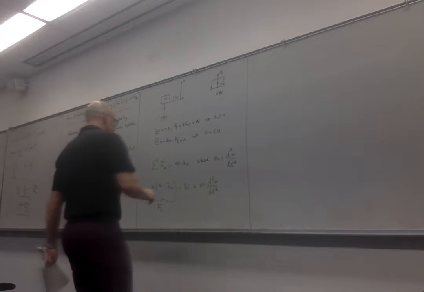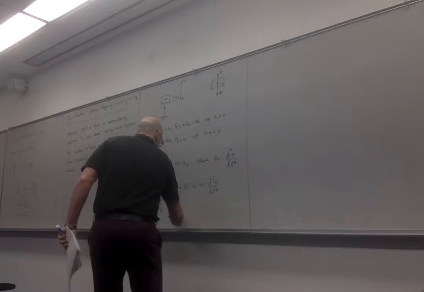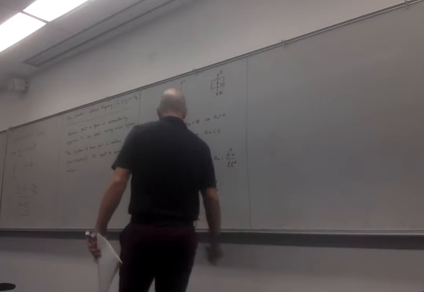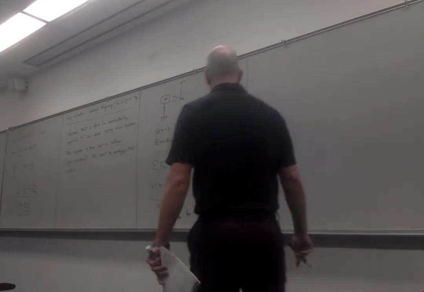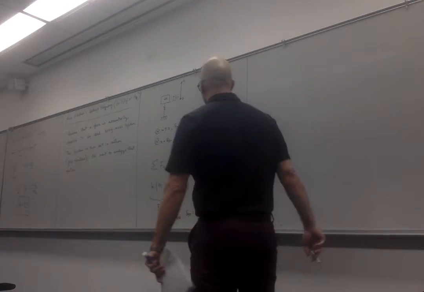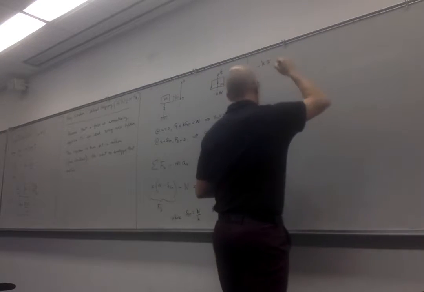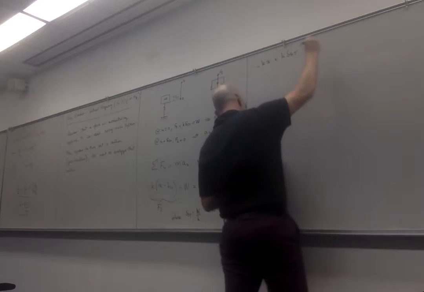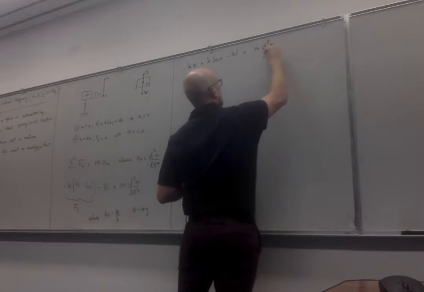Now, obviously, we need to remember a few things. The static deflection is the weight over the spring constant, and the weight is the mass times the gravitational acceleration. So we can expand this a little bit. We're going to have minus kx plus k times the static deflection minus w equals m d squared x dt squared.